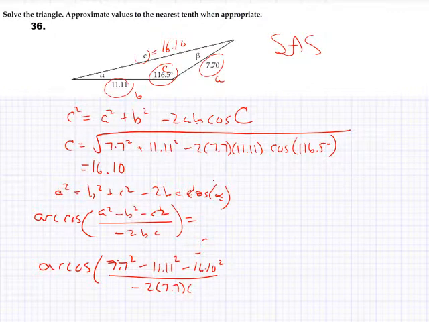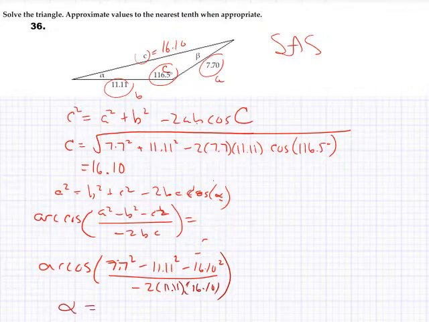It would be B and C. So it would be 11.11 times 16.10. So you put that in your calculator, you would find out what alpha is.